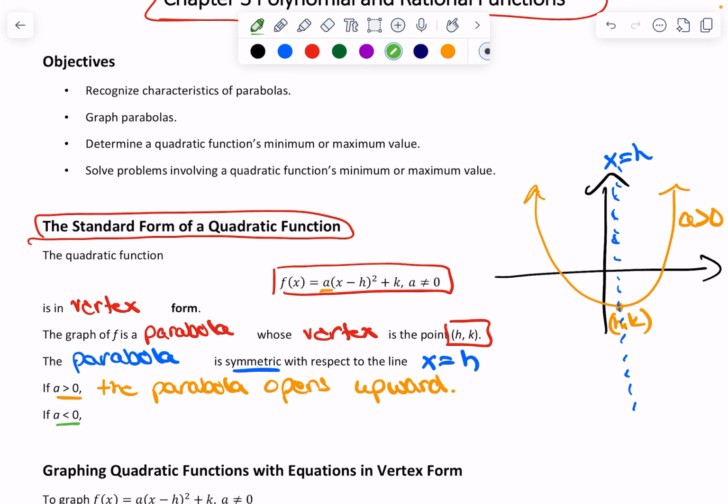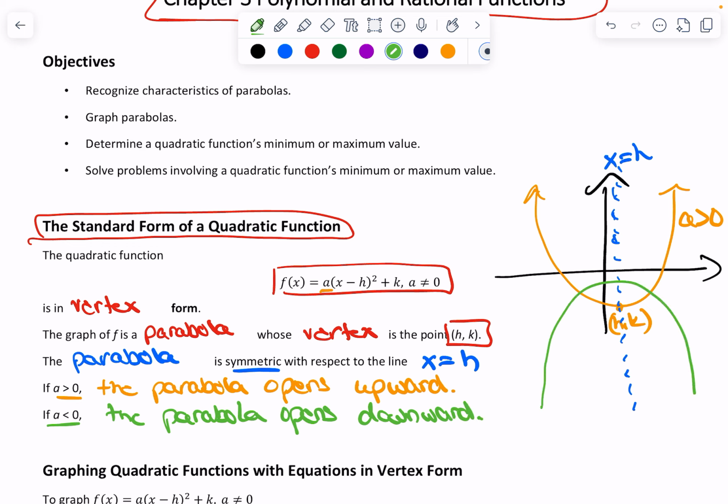Now, if a is less than 0, it opens downward, and it looks like this. The axis of symmetry, I drew it the same, so it would be x equals h. And a is less than 0 right here.